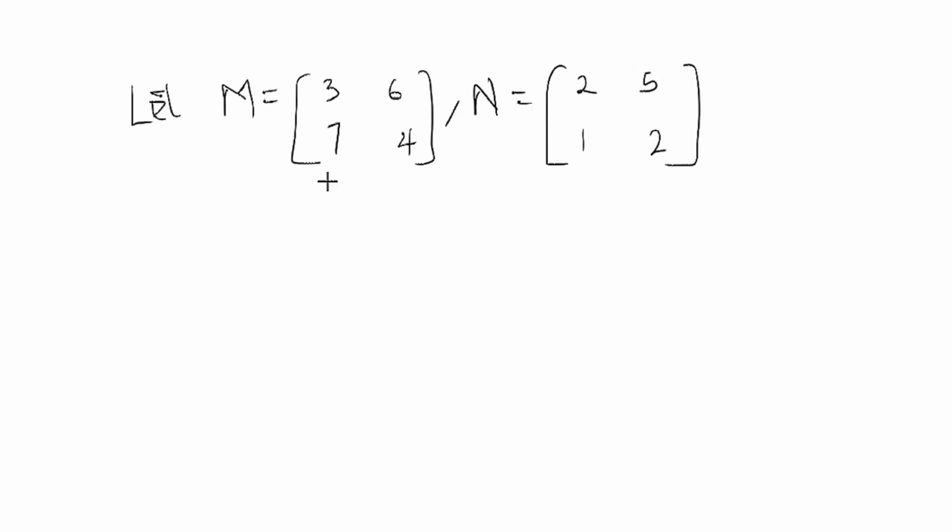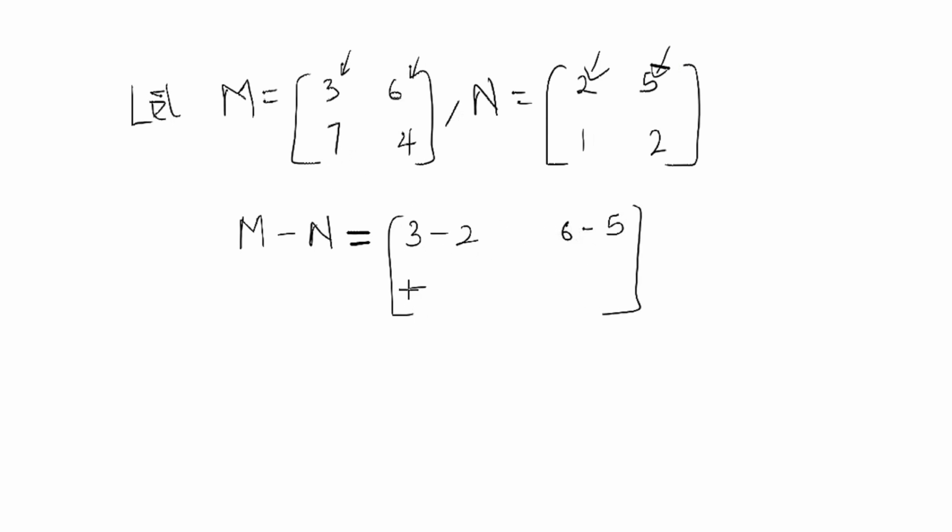Now, if we subtract the matrix N from the matrix M, we have M minus N, which is just the opposite of addition. That will be 3 minus 2, 6 minus 5, 7 minus 1 and 4 minus 2. This gives us 3 minus 2, which is 1, 6 minus 5, which is 1, 7 minus 1, which is 6, and 4 minus 2, which is 2.